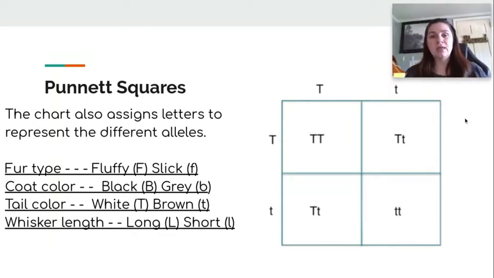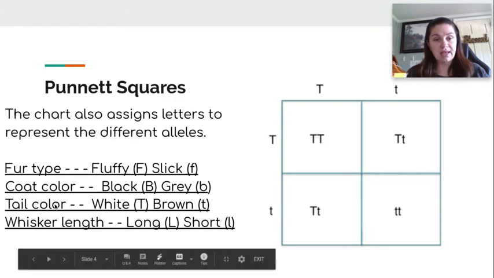And like I said, a Punnett square is where we would predict one particular trait at a time from two parents. In this case, we're looking at the father being heterozygous. This would be for tail color.